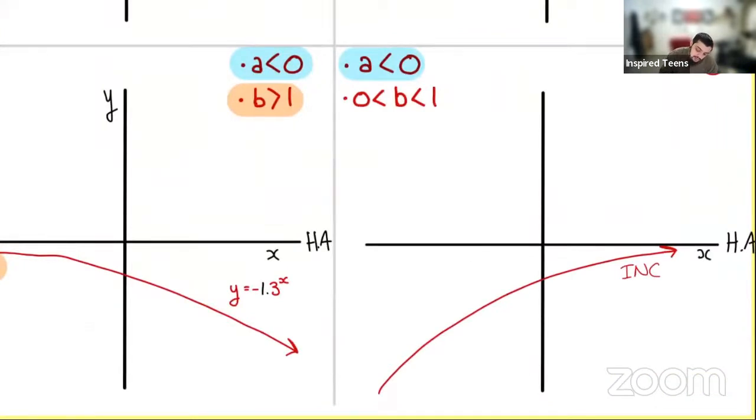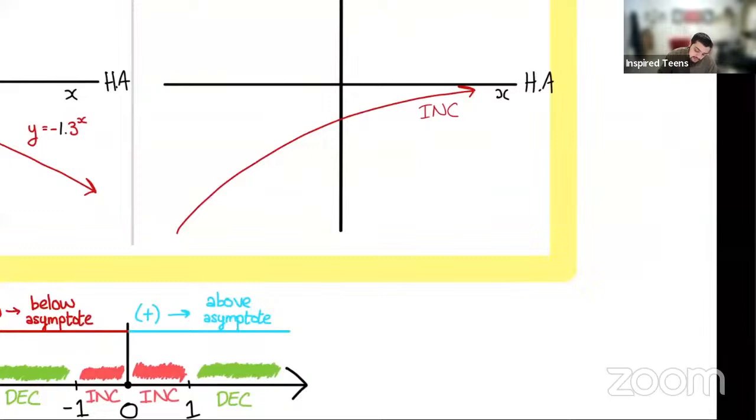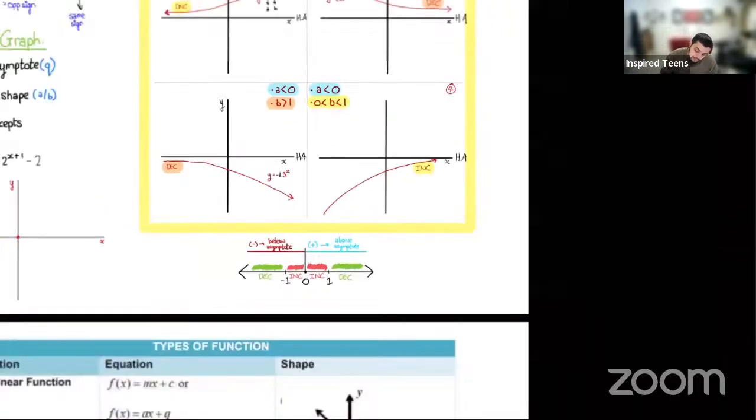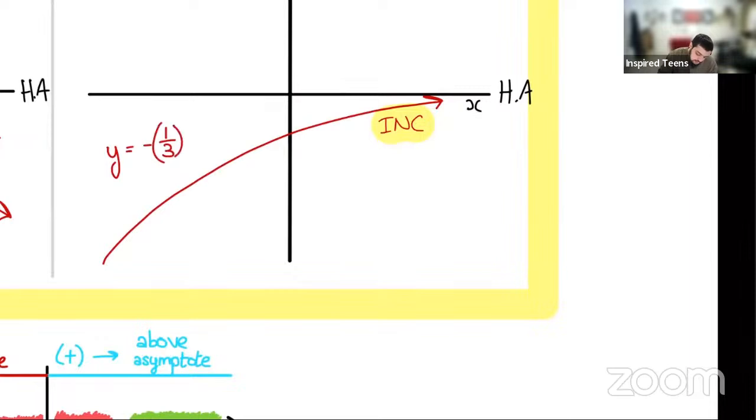Then we have B is between 0 and 1. With B being between 0 and 1, we would have an increasing function below. And the example would look like y is equal to negative 1 over 3 to the power of x.